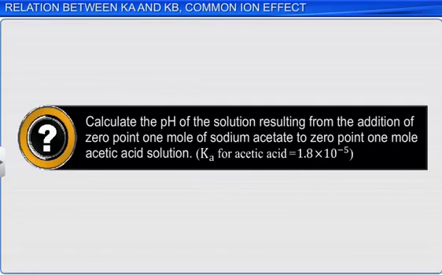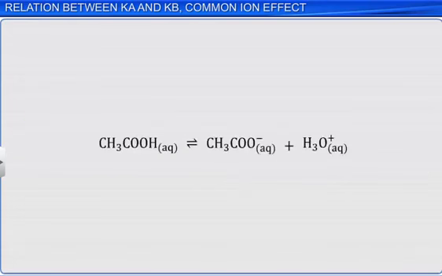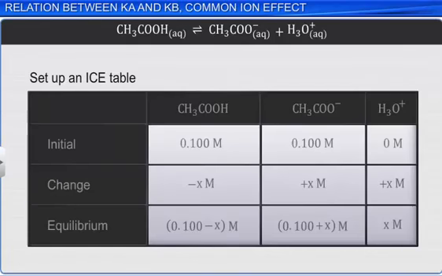The dissociation equilibrium of acetic acid in water may be represented as CH3COOH(aq) in equilibrium with CH3COO−(aq) plus H3O+(aq). To determine the equilibrium concentrations of the substances, set up an ICE table.